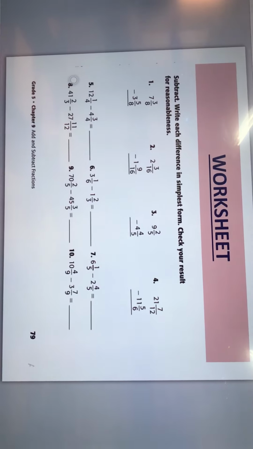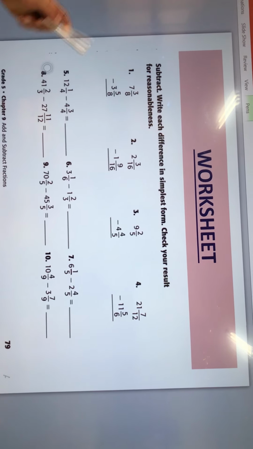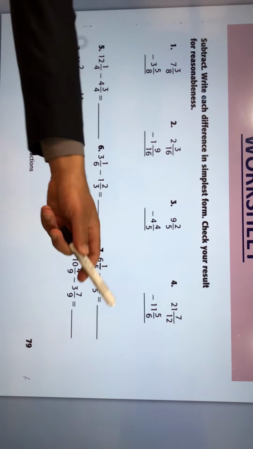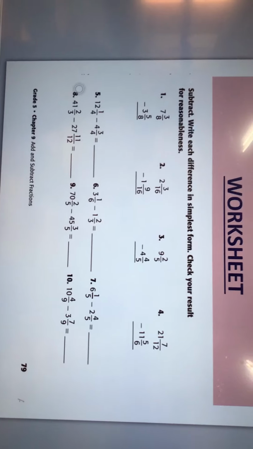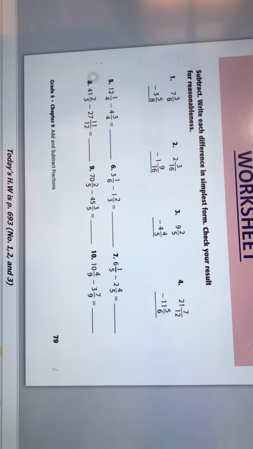And the last slide is for your homework as a worksheet. This worksheet is available on the school website. Your homework is written in the diary here. The homework for today is page 693, number 1, 2, and 3.